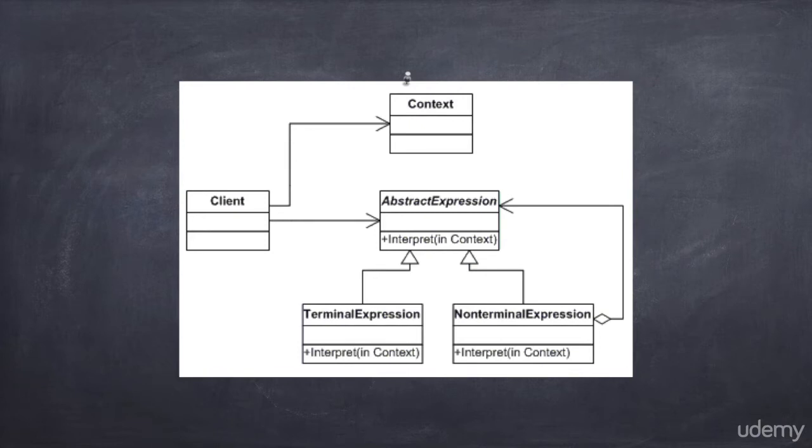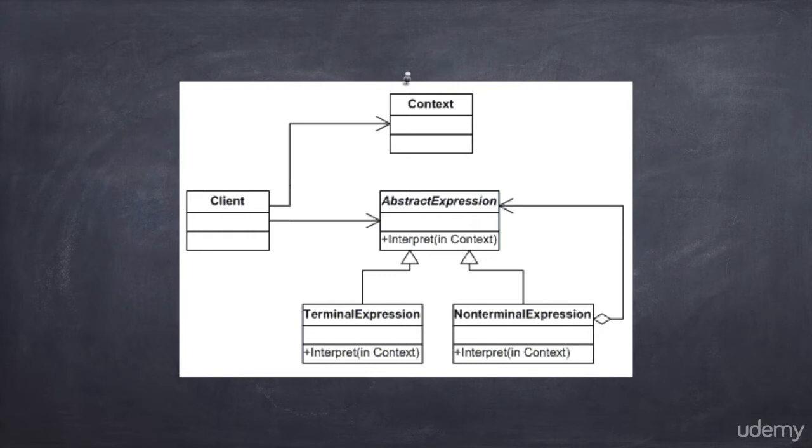Each expression class has an interpret method that executes the expression. The method receives a context, which contains the global state of the interpreter. Each expression performs a specific operation and optionally reads and updates the global state to reflect that operation.